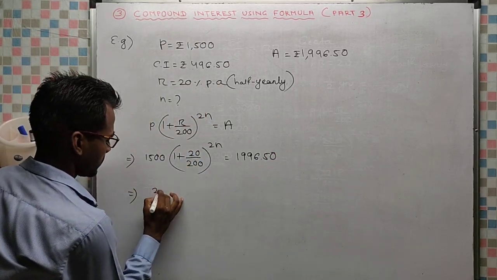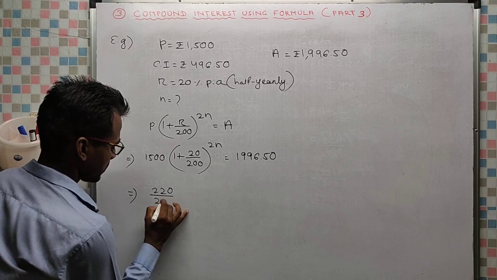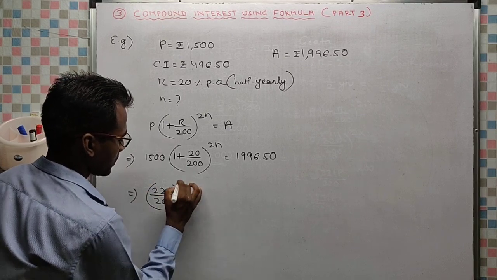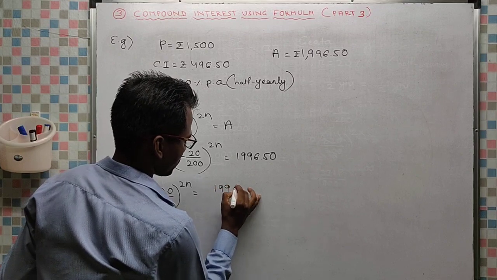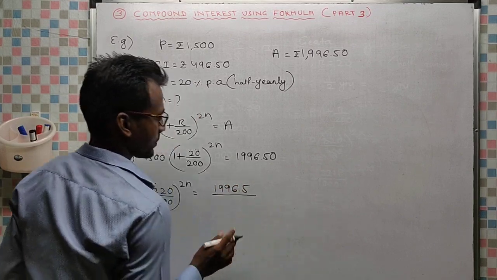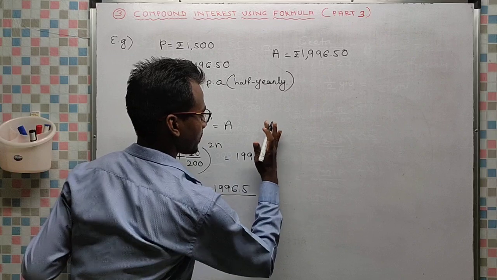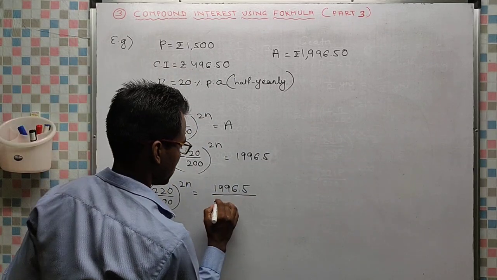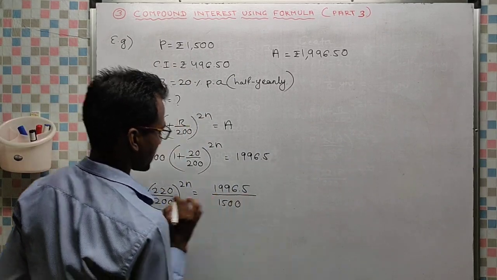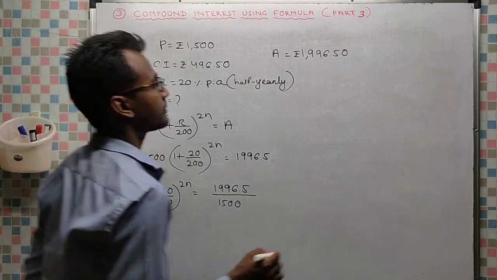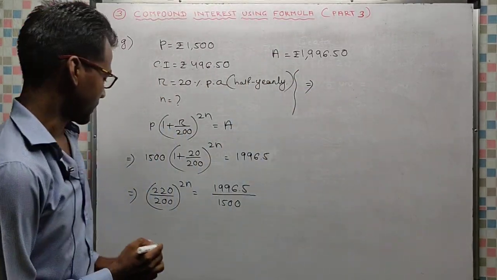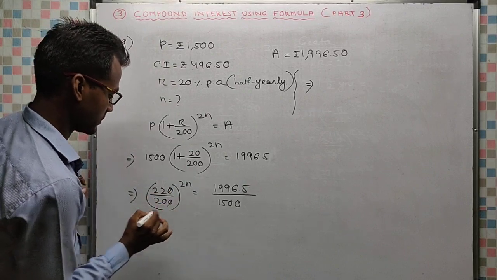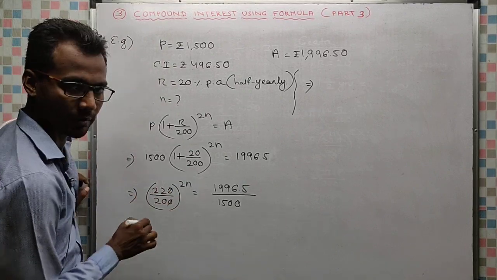So (1 plus 20 by 200) power 2n is 1996.50 by 1500. 0, I am cancelling. Now see, 0 0 cancel. 22 by 20, 11 by 10.